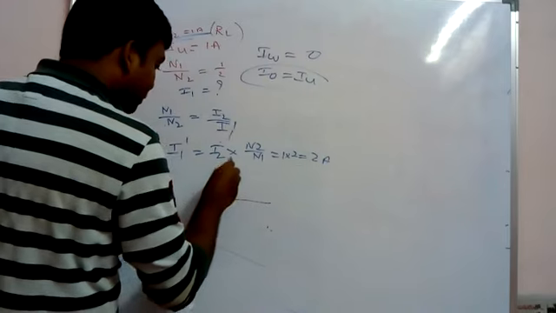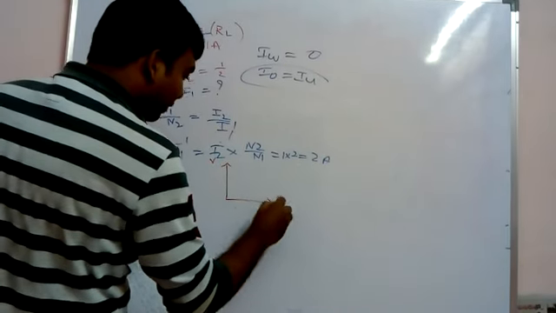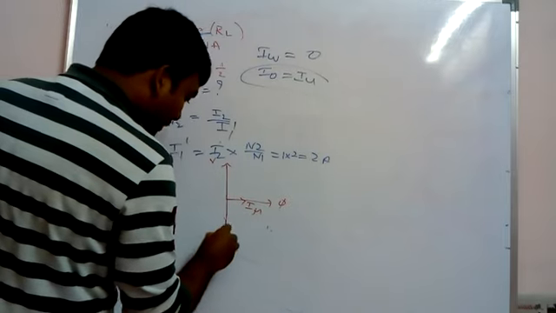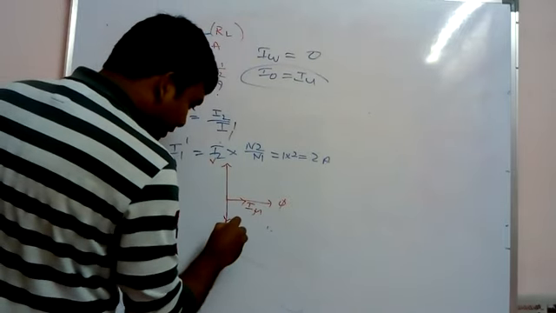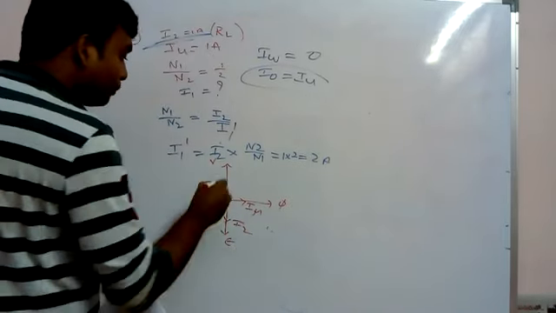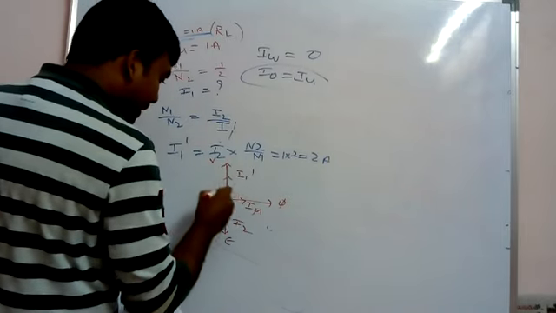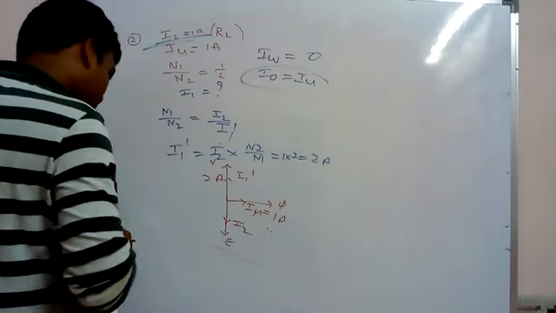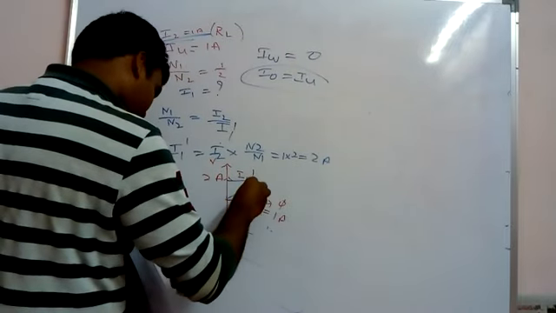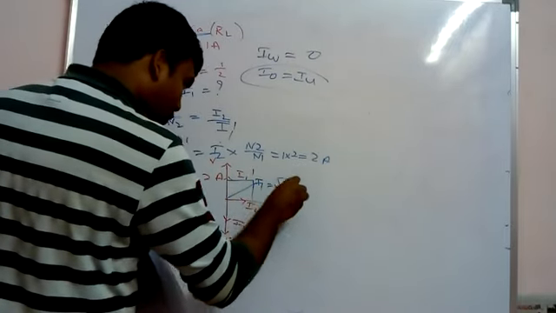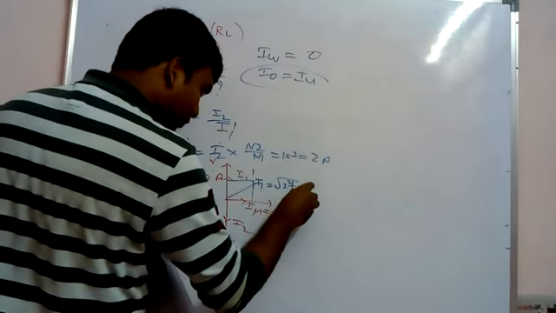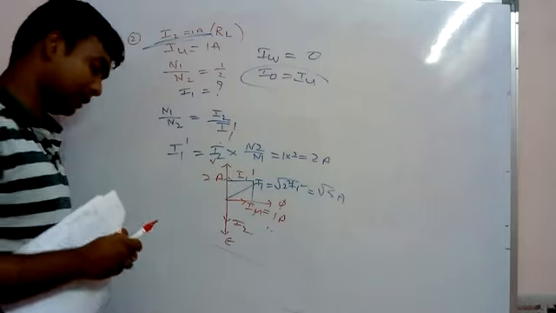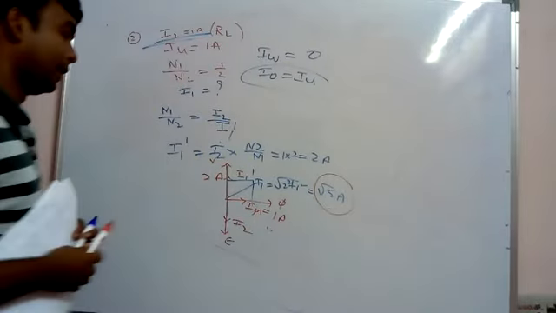This will be the V, this will be the phi, this will be the I mu, Iw is given as 0, this will be the E, and since it's a resistive load, this will be the I2. When you transfer it, it becomes I1 dash, which is 2 amperes, and the magnetizing current is 1 ampere. So you take the resultant: I1 equals root of 2 squared plus 1 squared, which is root 5 amperes. This is the primary current and the answer.